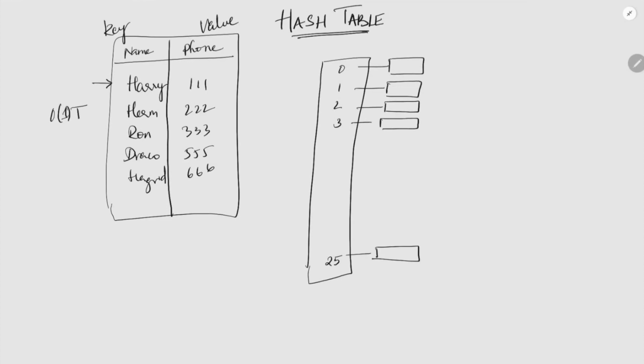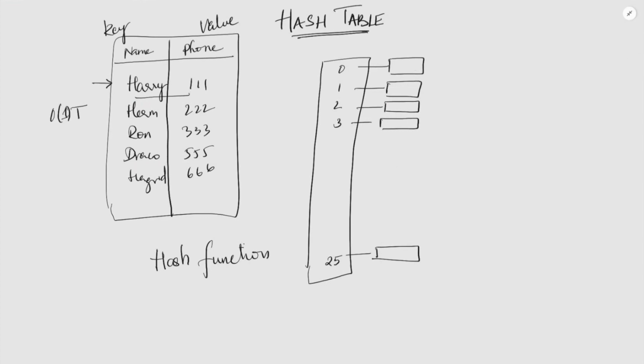What we are going to do is insert all these values into this array of linked lists. So now what we need to understand is how to map the key to a number in the array. That is done by something called a hash function. Your hash function is a piece of code which is applied on a key to map it to one of these 26 values so that your key value pair can go into one of these 26 slots.